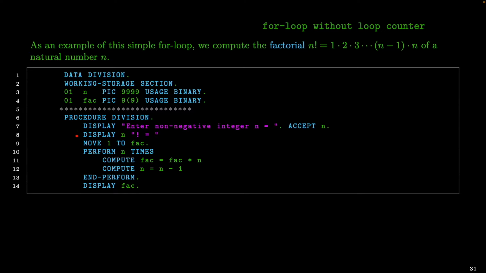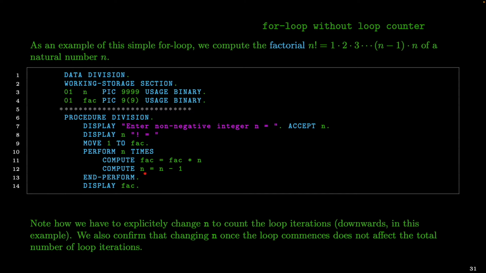Then we enter a value for n. We initialize fac with 1. And then we have this loop, perform n times. What we do is we simply multiply our end result by n, and then we decrease n by 1.